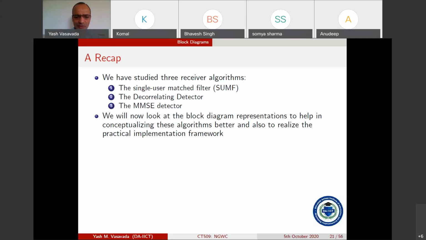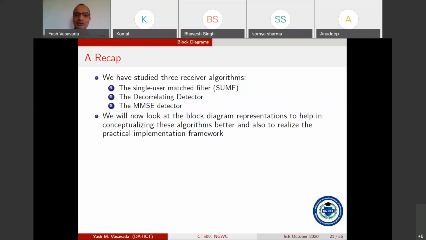These diagrams are going to be focused on the beamforming application. But recall that the CDMA reception techniques that we have looked at have a very close mathematical connection with beamforming.